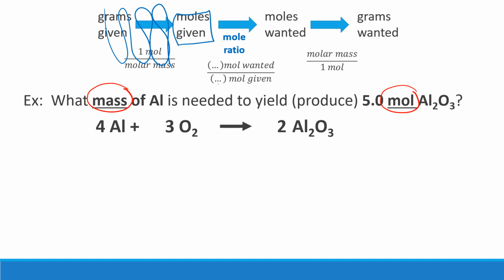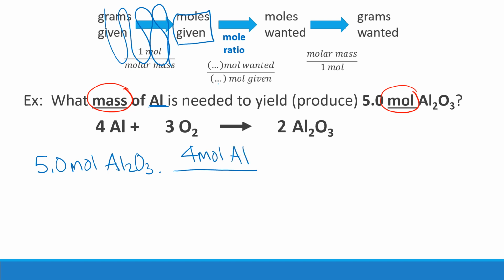So we'll see some questions like this on our homework, and you just have to carefully look at the units and decide where you're starting and where you're ending. Okay, so in this case, I'm only going to need 2 conversion factors, starting with my given, 5.0 moles of Al2O3. I can convert that using the mole ratio to aluminum. So that is 4 moles of aluminum I wanted in the numerator for every 2 moles Al2O3 in my denominator.